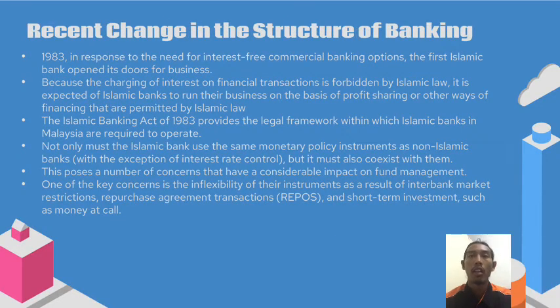After that, there were recent changes in the structure of banking. In 1983, in response to the need for an interest-free commercial bank option, the Islamic Bank opened its doors for business. Because the charging of interest on financial transactions is forbidden by Islamic law, it offers forms of financing that are permitted by Islamic law.